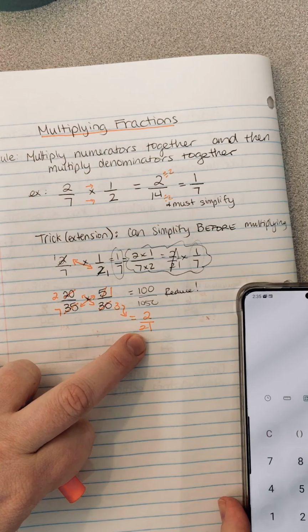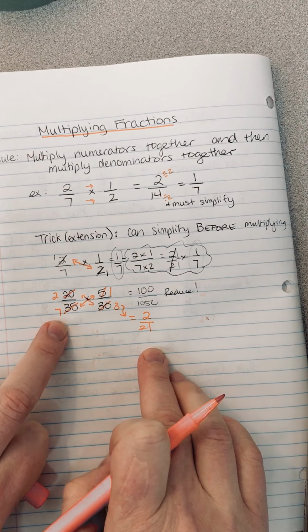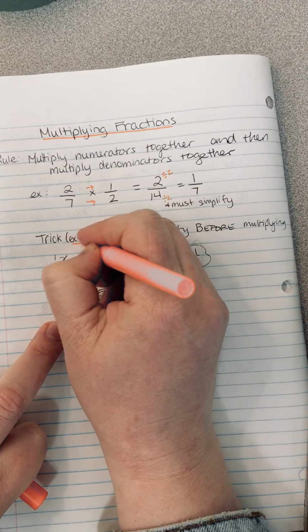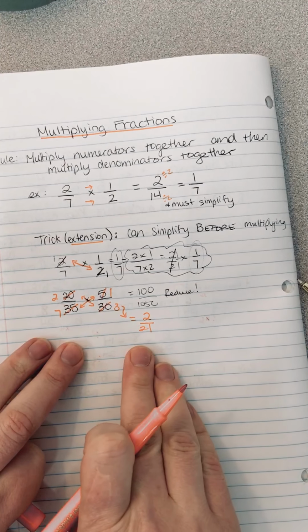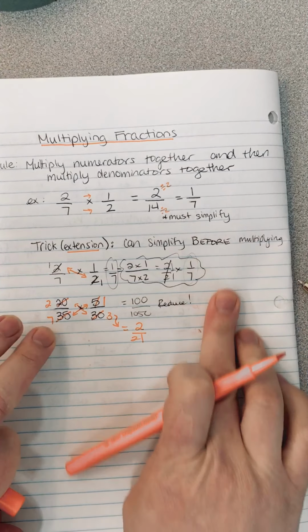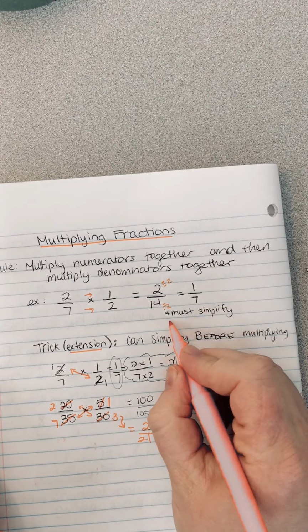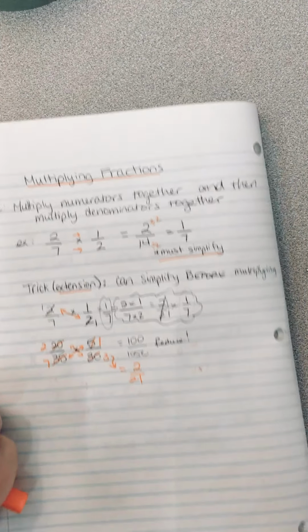Yeah, that's how you get 2 over 21. So much faster to reduce to simpler numbers than that. Again, that's an extension. If you understand this, I can show it to you more in person, but that's just a little hint if you want to simplify before multiplying. But you must simplify your final answer no matter what. That's my little trick.